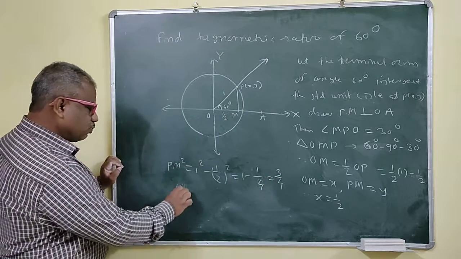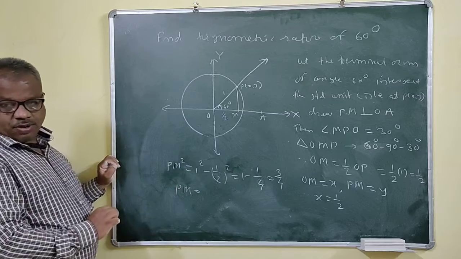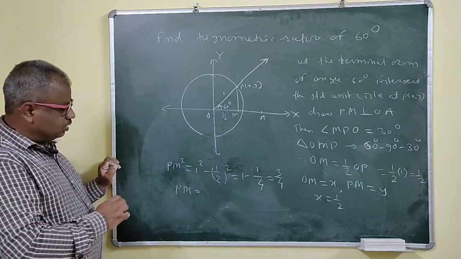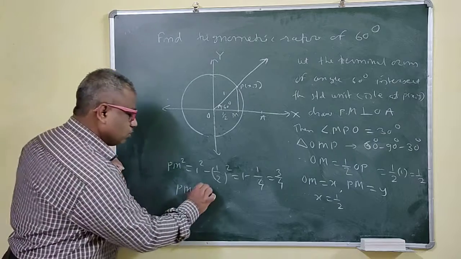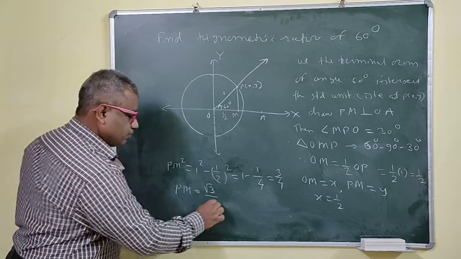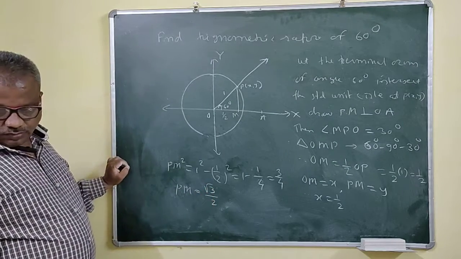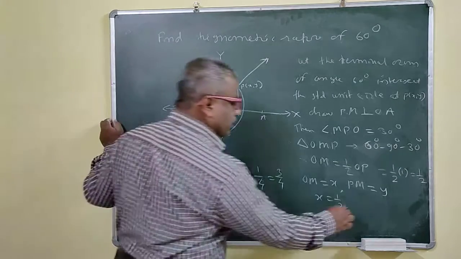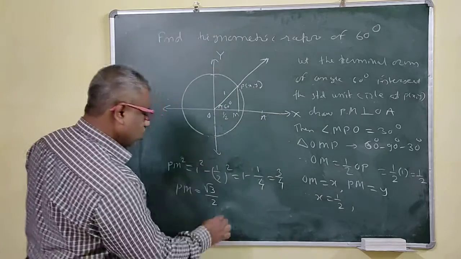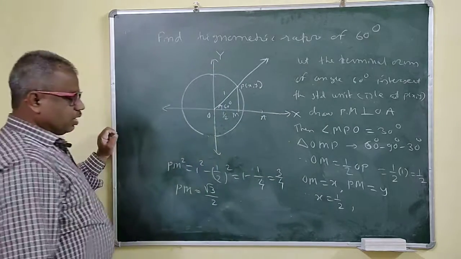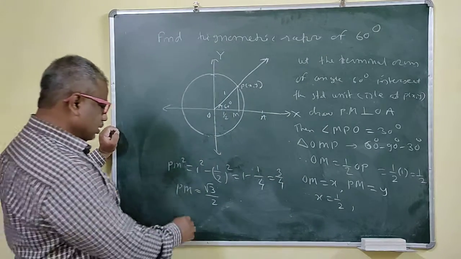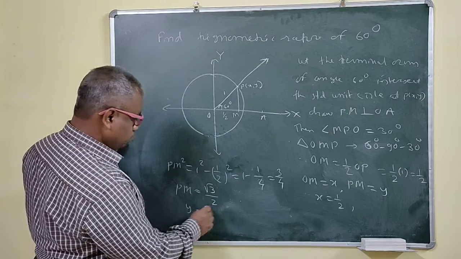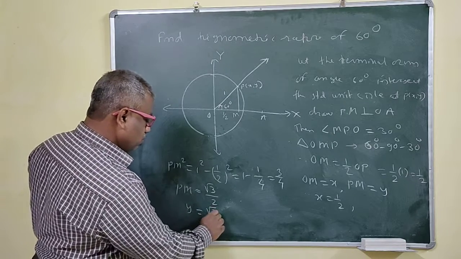Now distance is always positive, so we are taking the positive root. We are not writing plus or minus here, because PM is the distance, it is always positive. So this is root 3 by 2. So y is equal to PM, which is root 3 by 2.